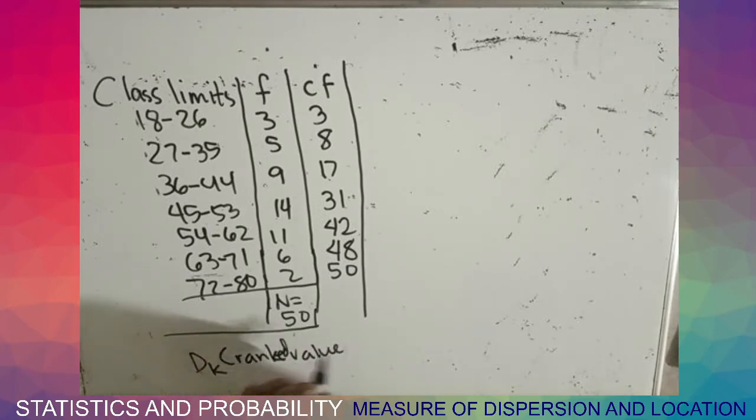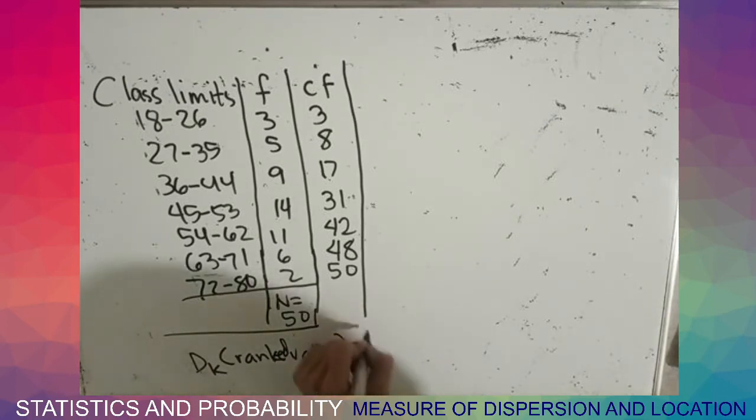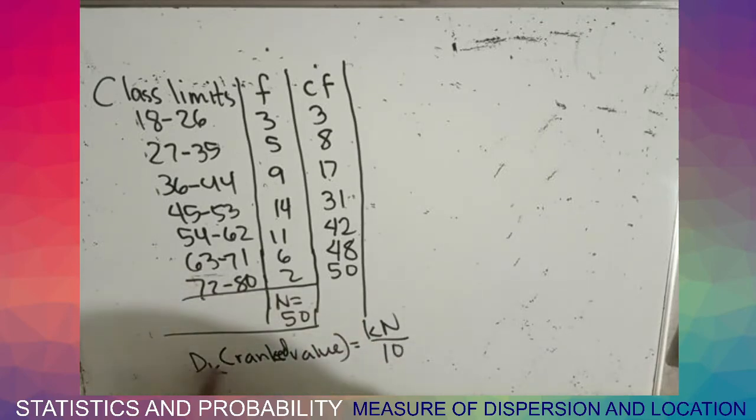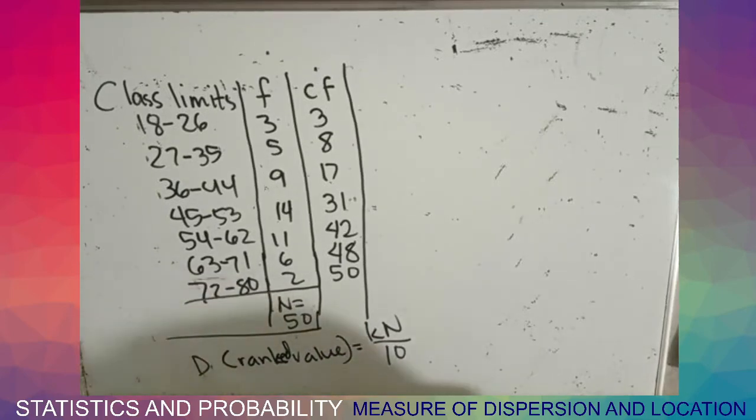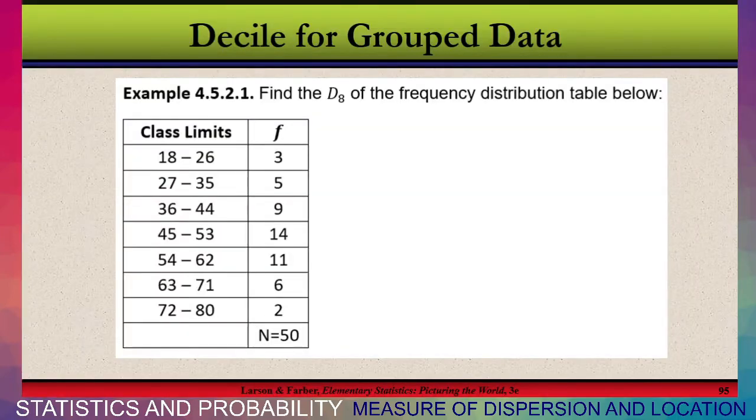D sub K rank value is equals to Kn over 10. Palitan na lang natin ang K ng 8.